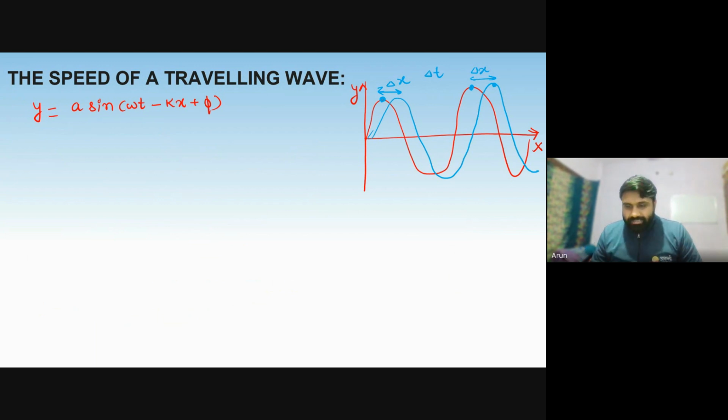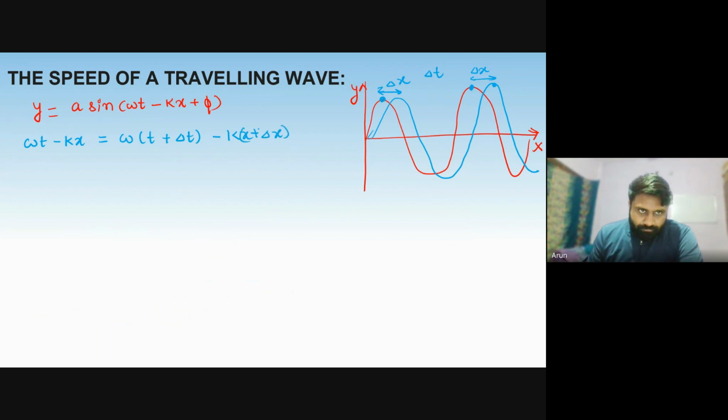So what we can say is omega t minus kx equals omega (t plus delta t) minus k (x plus delta x). Plus phi and plus phi you can consider because they are in the same phase.